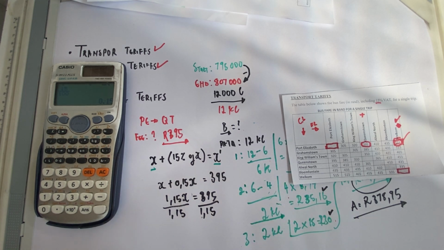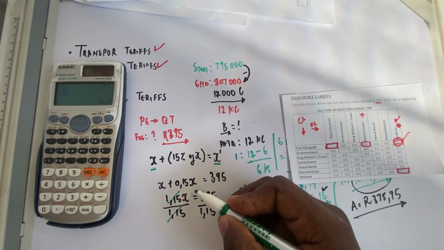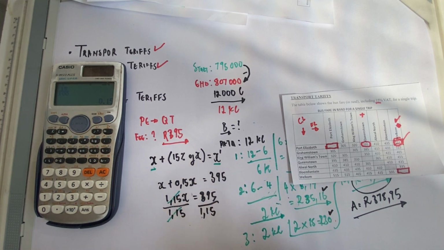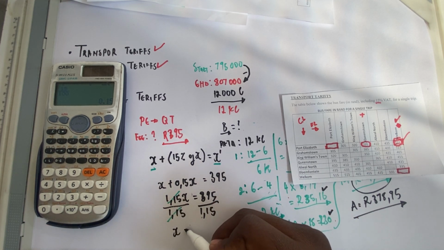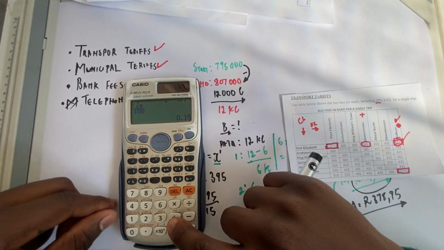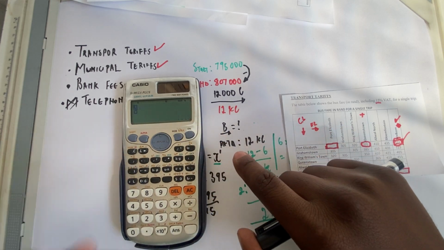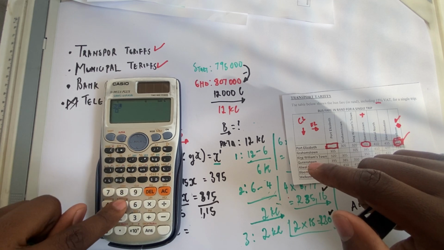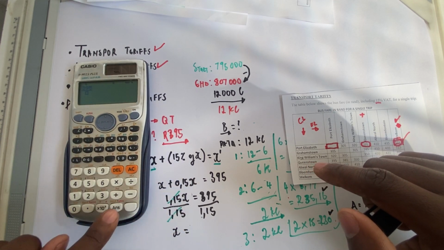Then I end up with this side eliminating itself, only the 1.15, not x. So the x is there, but it's going to be how much? I'm going to say 395 divided by 1.15.